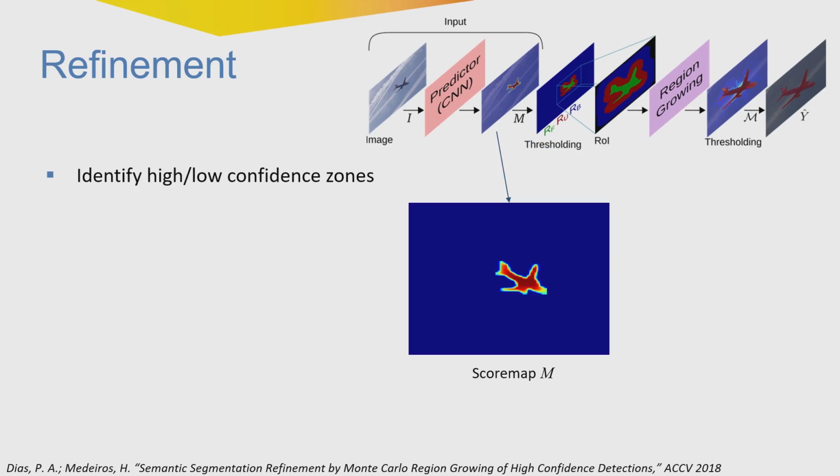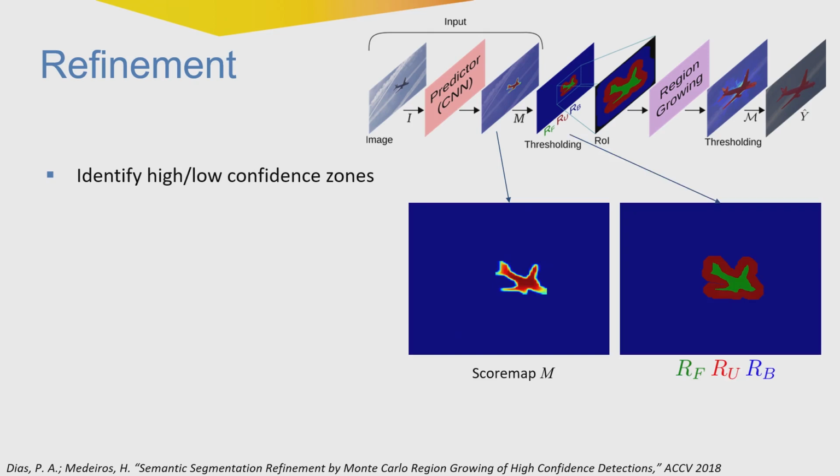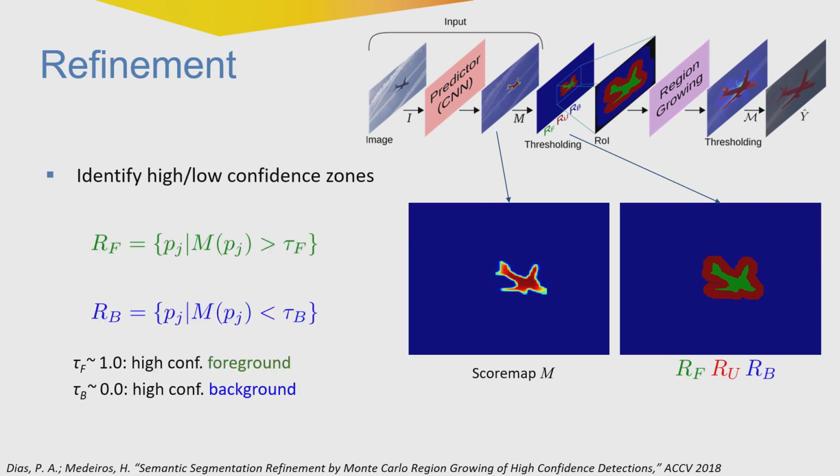So if we simply threshold this map, we're going to have a coarse boundary. However, that doesn't mean that the map is completely useless. As a matter of fact, we know with pretty high confidence that the region here with very low values is high confidence background. In the same way, what is here with a very high value is high confidence foreground.